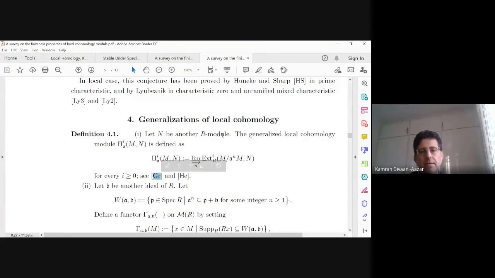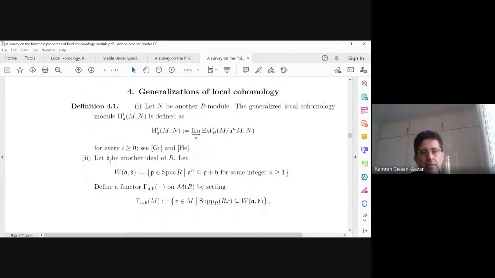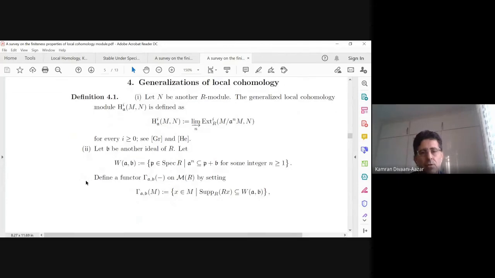Let M be another R-module. The generalized local cohomology modules H_I^i(M, N) are defined in this way by direct limit of some Ext modules. This is one of the generalizations of local cohomology. And there are three more.